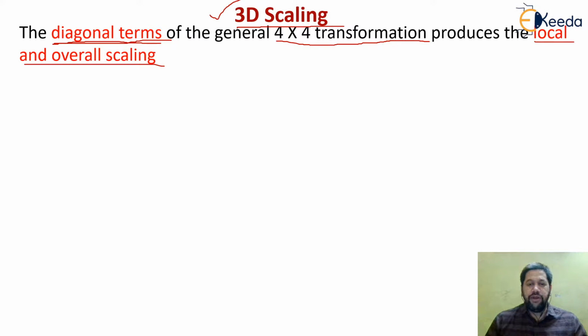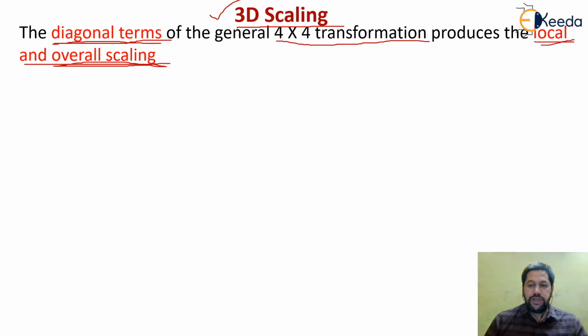The local scaling indicates that I want to scale the object in the x direction, in the y direction, and in the z direction. The overall scaling indicates that I must perform the scaling in all the directions x, y, and z. Whatever the scaling factor is, it is applicable to all of x, y, and z, and that is called the overall scaling.